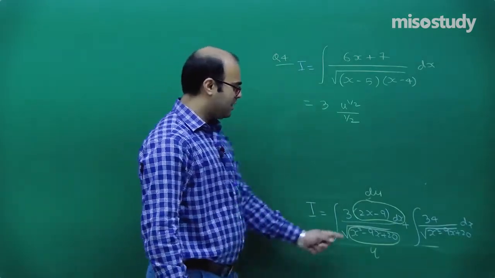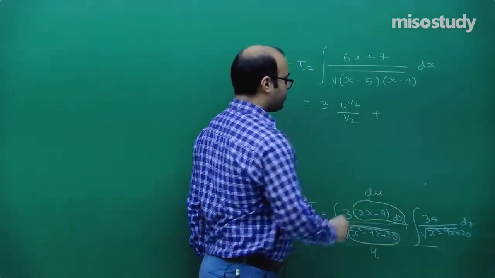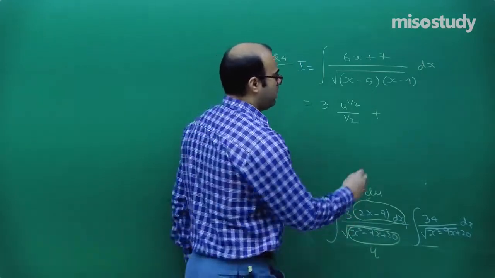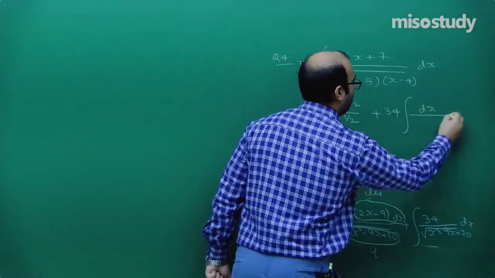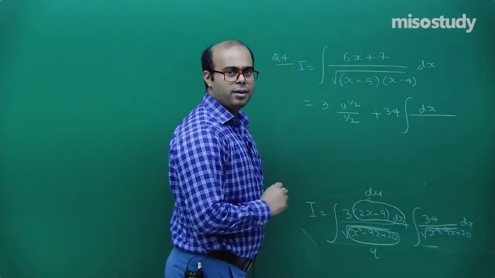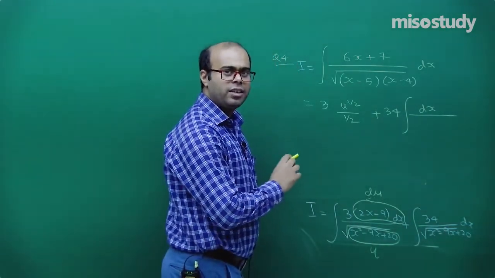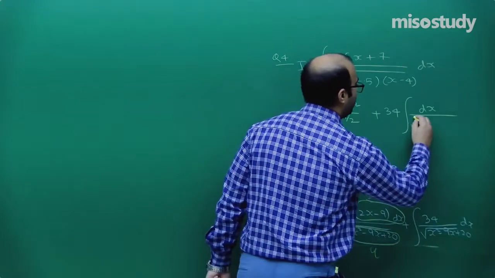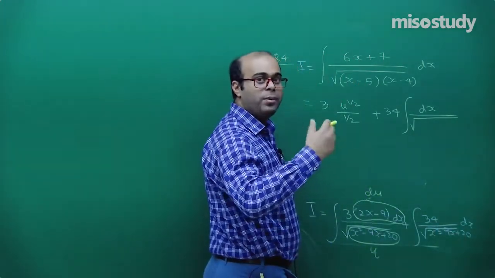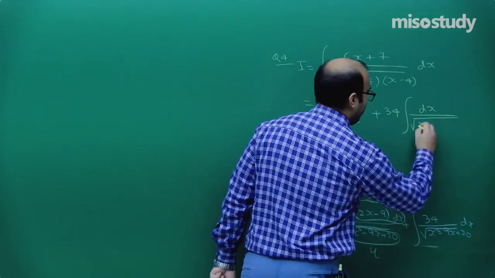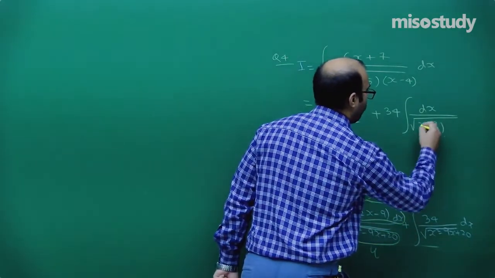We can write it like this, plus what we get here, this is 34 outside and this is dx upon, let us complete the square here, which is the term inside the under root. What we will do, x square minus 9x plus 20, we know how to complete the square. So, we will write it as x minus 9 by 2 whole square.